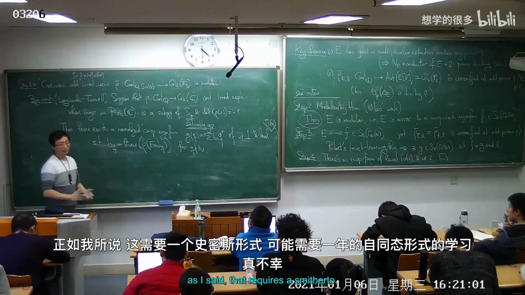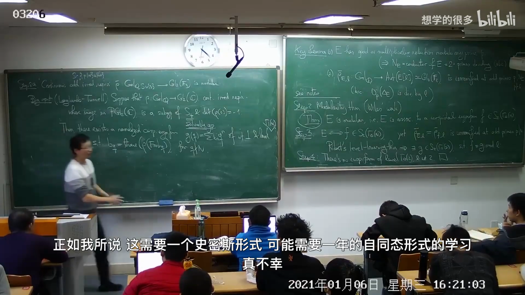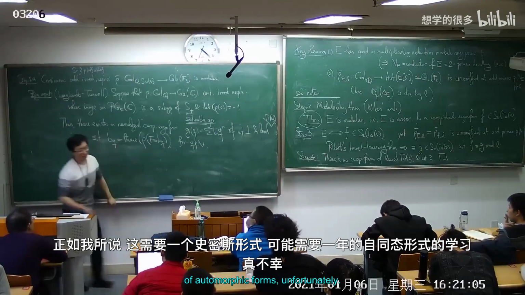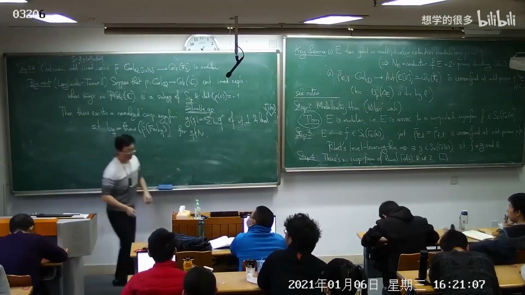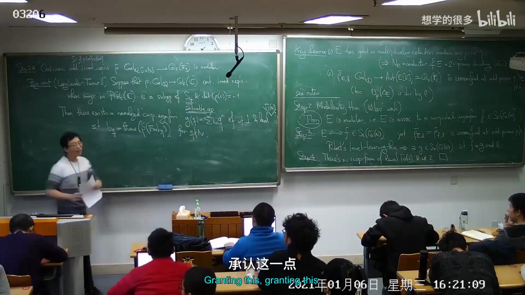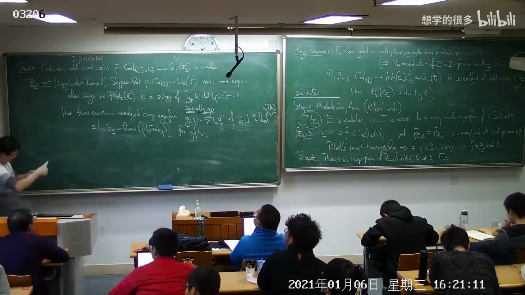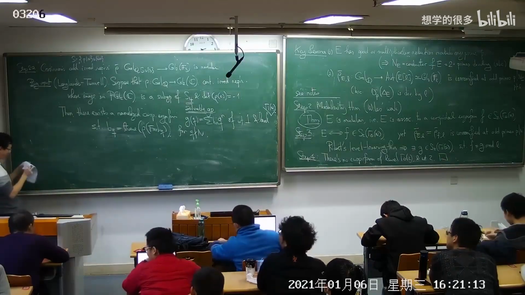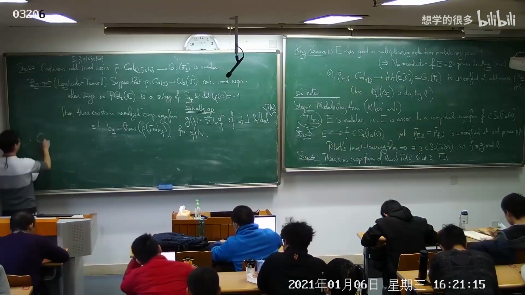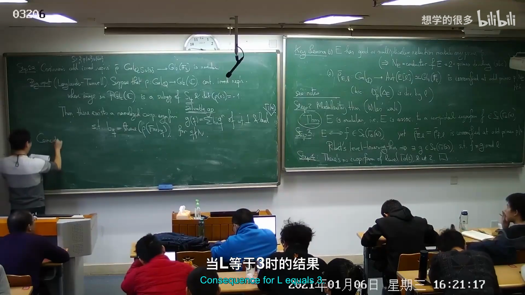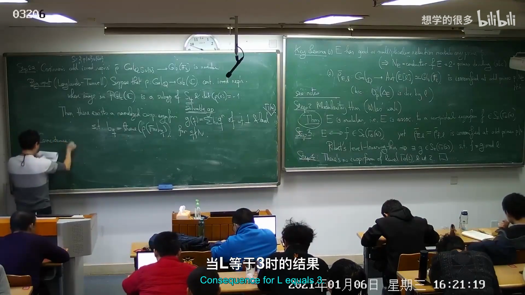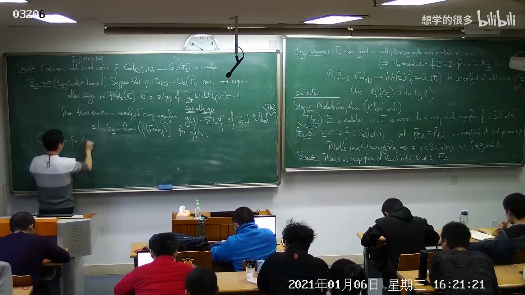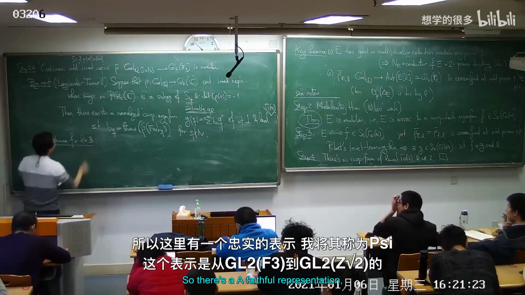As I said, that requires a semester or maybe a year of automorphic forms, unfortunately. Granting this, coincidence for l equals 3. Let's grant this.